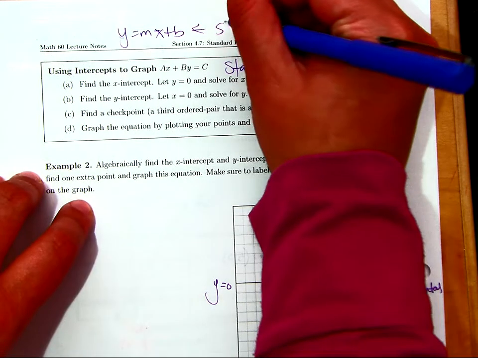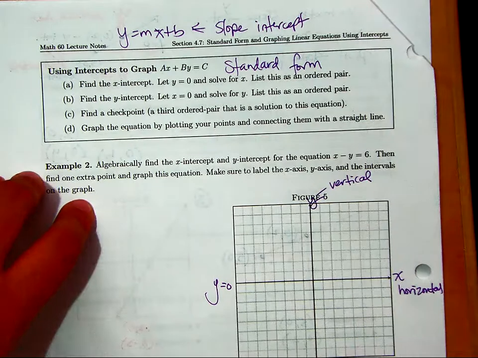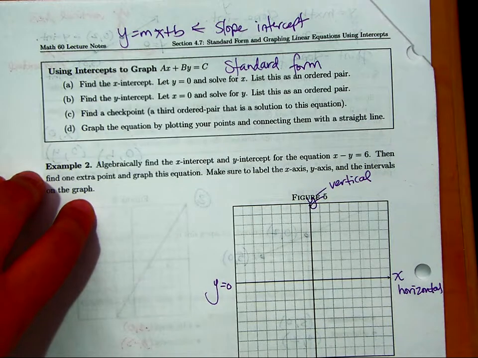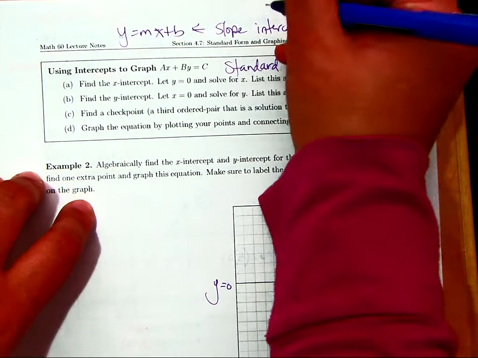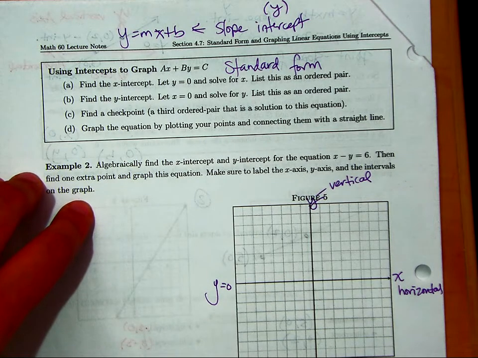Yes, slope intercept. The mathematicians who created it were like, this equation has the slope and the intercept in it, the y-intercept, specifically the y-intercept, okay? Let's call it the slope y-intercept form or slope intercept form.